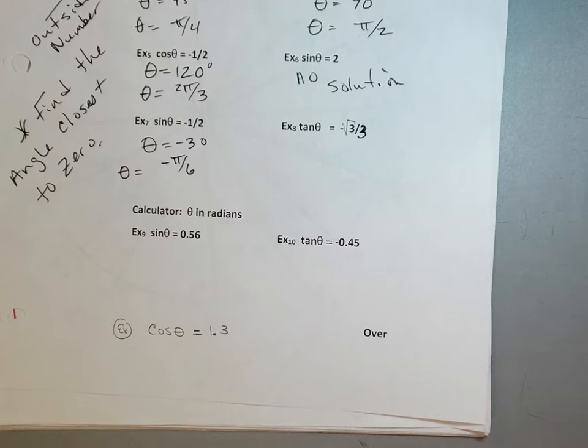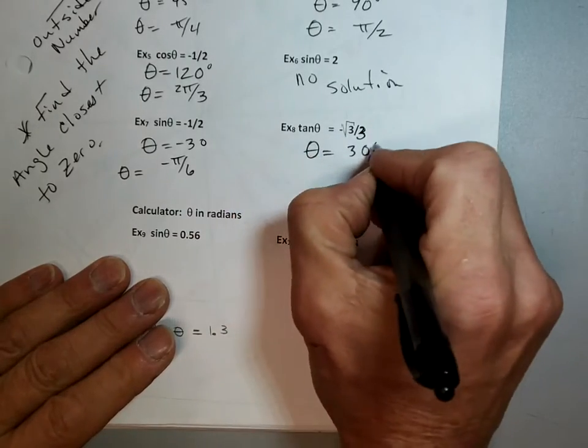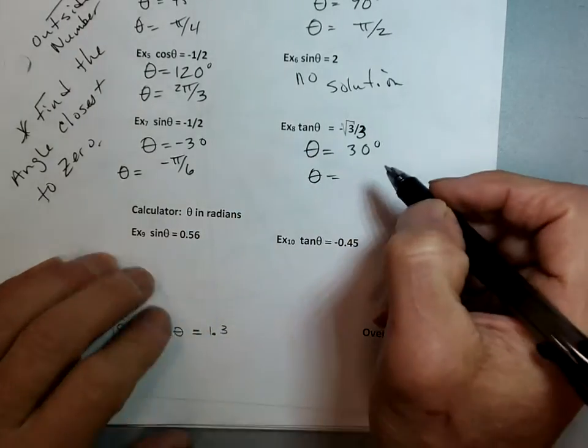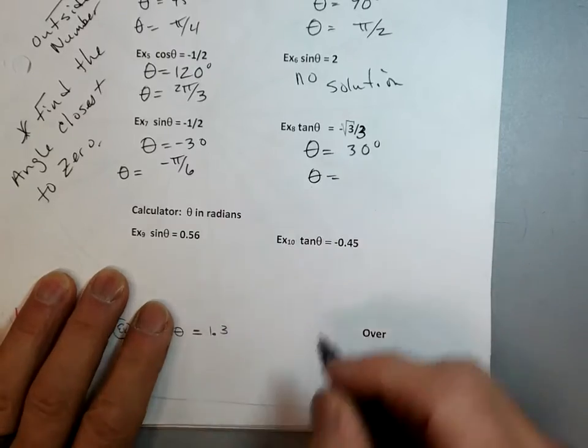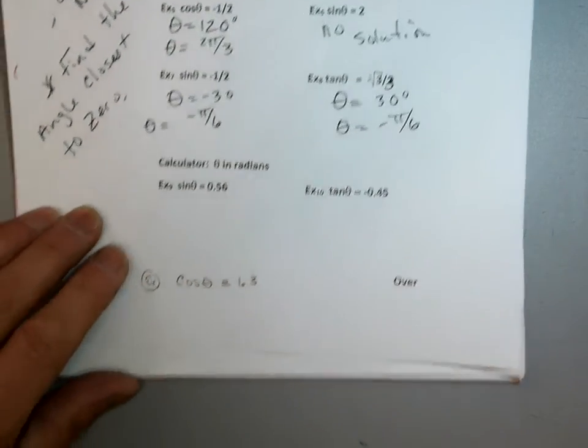You can also have it at 150 degrees. You could go all the way around to 330 degrees, but Autumn went straight to negative 30. It's shorter, right? Good job. So theta is negative 30 degrees. What's the radian equivalent of that? Negative pi over 6. Good.